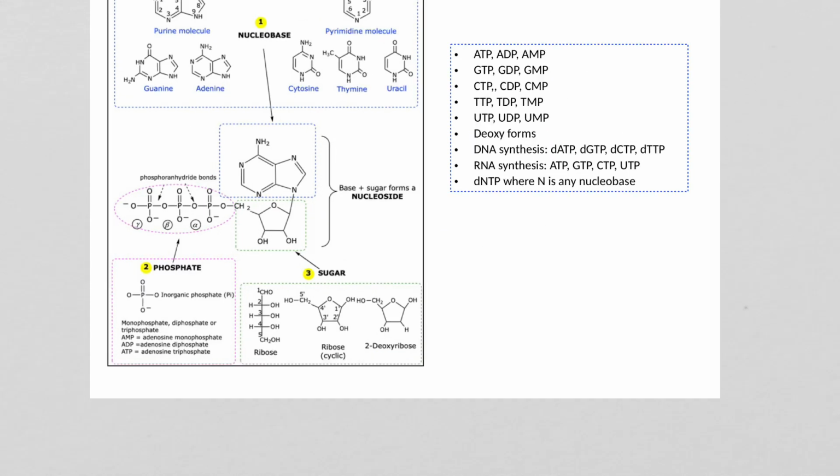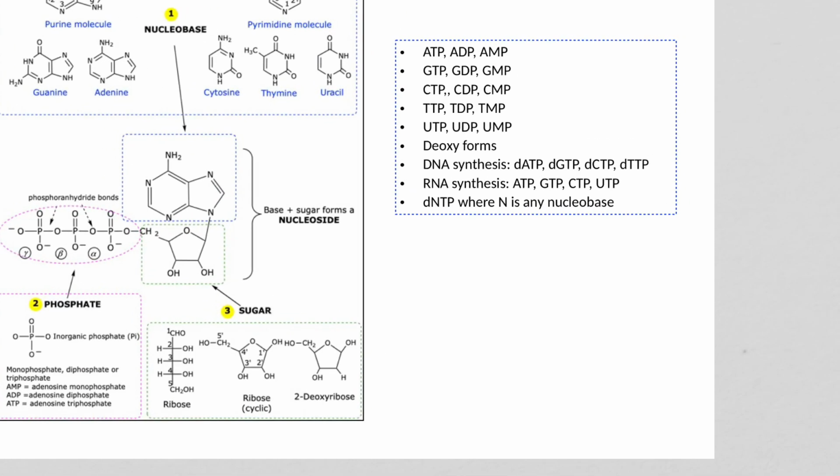In a similar fashion, if this was a G, then you would get your deoxy-GTP. If this was a C, you would get deoxy-CTP. And if this was a T, you would get deoxy-TTP. So for DNA synthesis, these are the 4 nucleotides we require. And for RNA synthesis, these are the 4 nucleotides that we need.